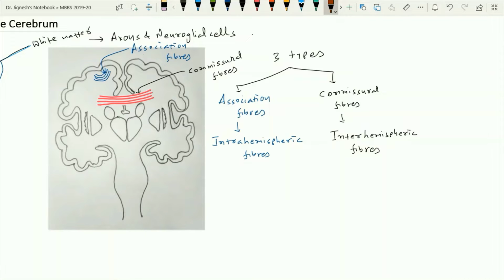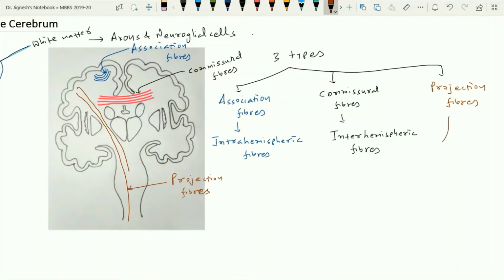The third type of white matter of the cerebrum connects the cortical area with the subcortical area, or the cortical area to the spinal cord. This type of fibers project to the subcortical area or to the spinal cord, and that's why they are called the projection fibers.